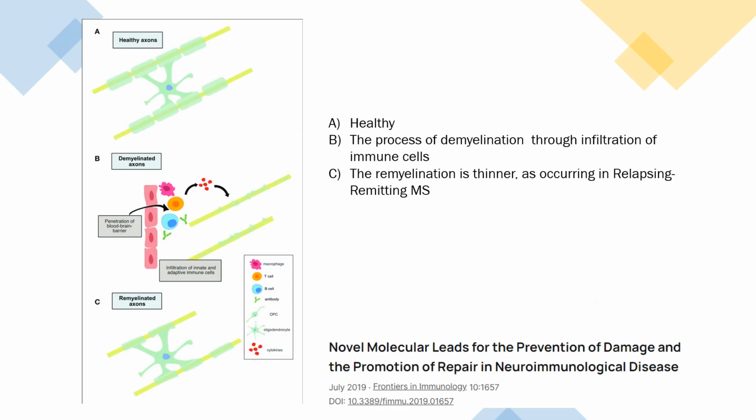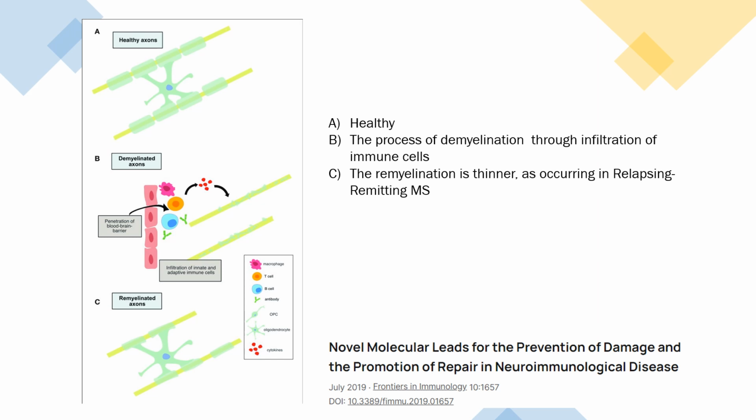This I found shows very nicely the difference between the healthy axon. You'll see in letter A, the green represents the myelin, and letter B shows the demyelinization.